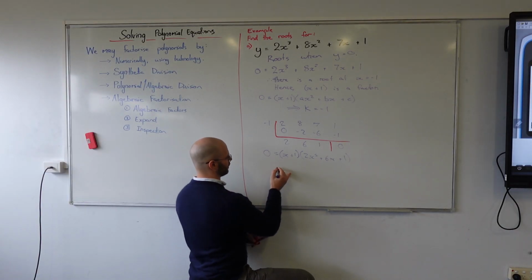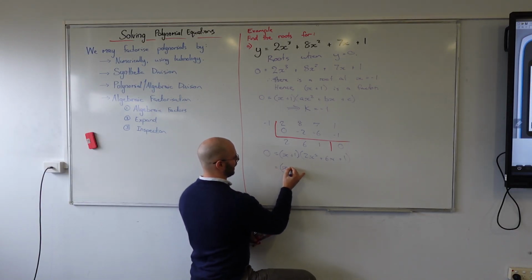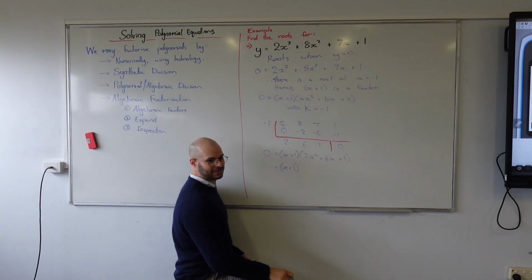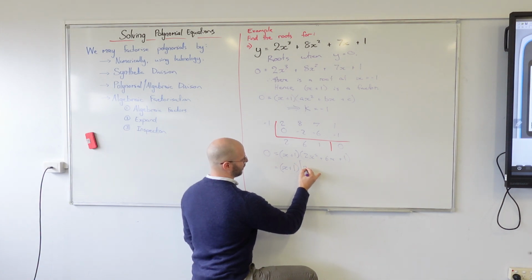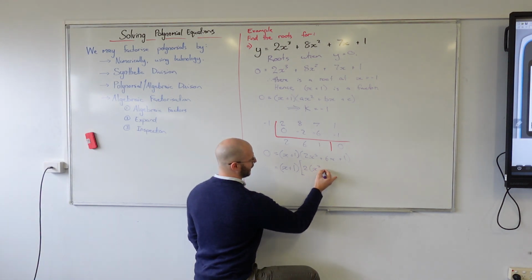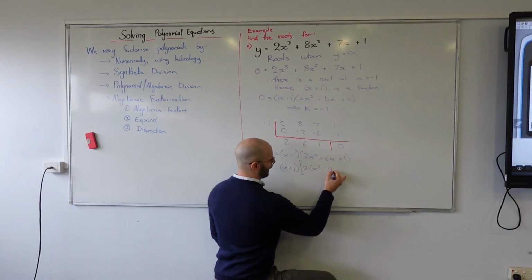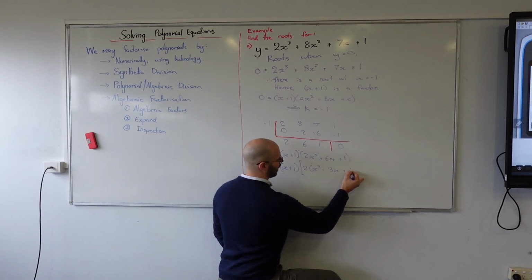So what we're going to do is x plus 1. It's alright, the next example we can use the quad formula. Then pull out the value of 2. So, x squared plus 3x plus a half.